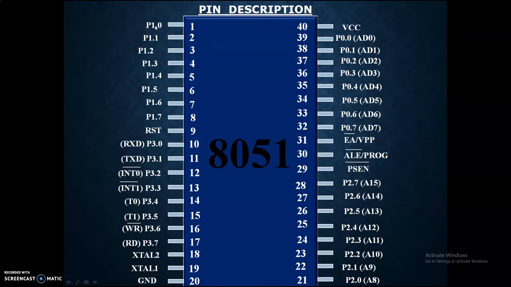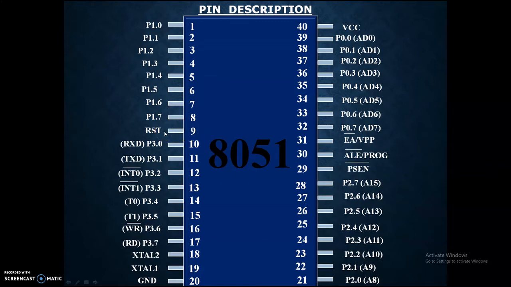as we have discussed, each port contains 8 pins or 8 IO lines. So you can see P1.0 to P1.7, from pin number 1 to pin number 8, there are 8 pins. Pin number 9 is the reset pin.